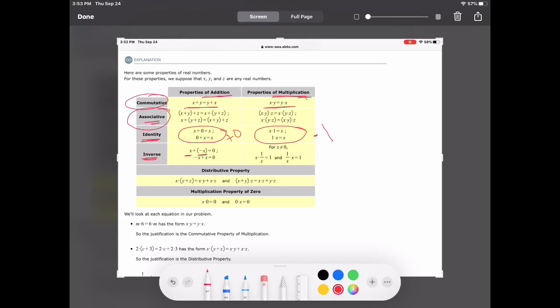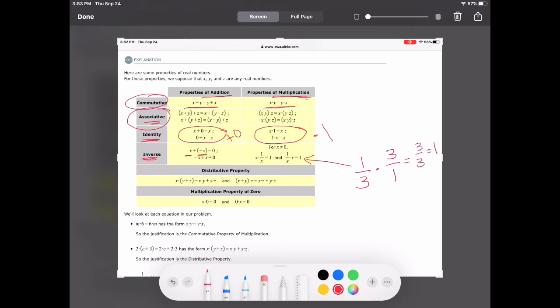In multiplication, what happens is we multiply a number times its reciprocal, and we get a 1. So let me show you. 1/3 times 3 over 1. So those are reciprocals of each other, equals 3 over 3, which equals 1.